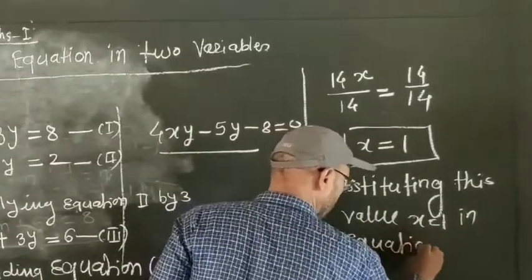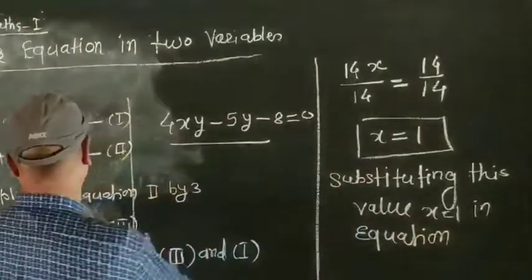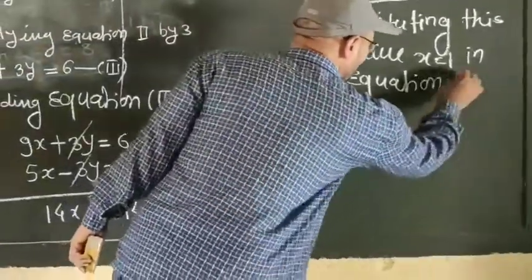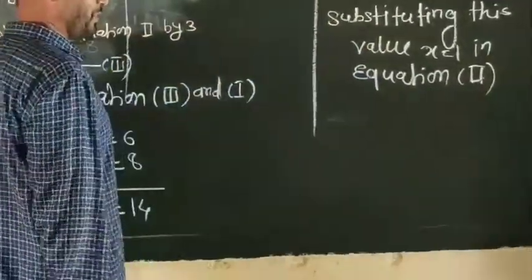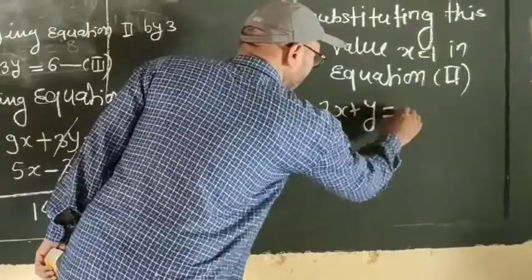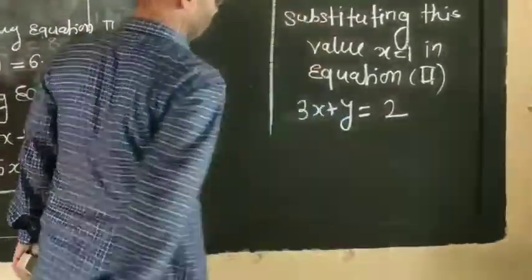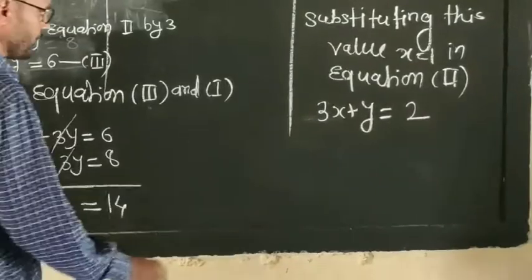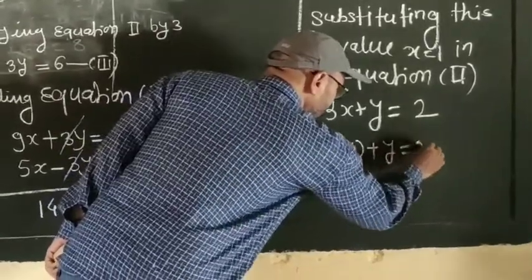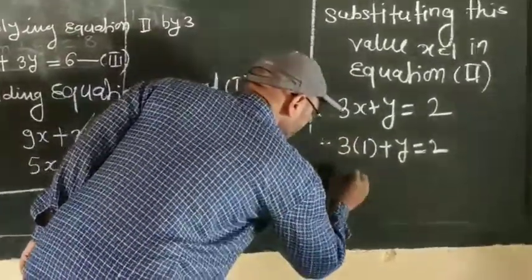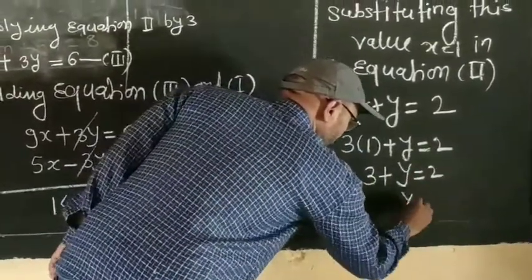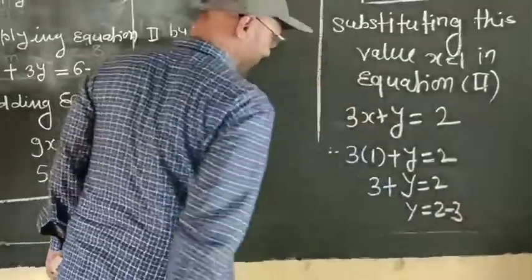Here equation number 2 is easy. What is equation 2? Equation 2 is 3x + y = 2. So put in this equation 3 into 1 plus y equals 2. So 3 into 1 is 3, plus y is equal to 2. So y = 2 - 3.